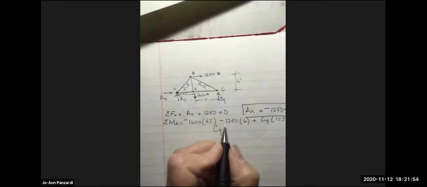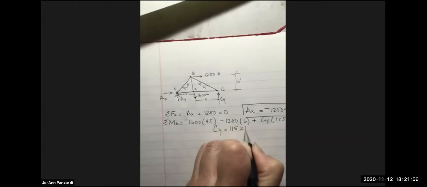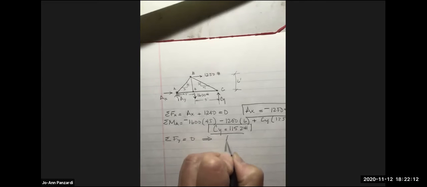And CY turns out to be 1152 pounds. Tony, you want to keep going? What's the next equation you want to do? We could just do sum of the forces in Y equals 0. And what happens is AY turns out to be 448 pounds.